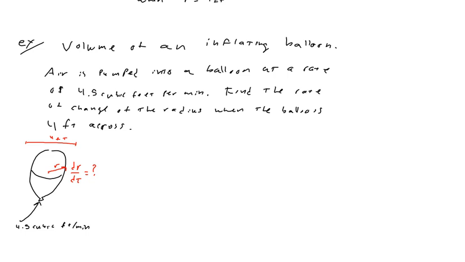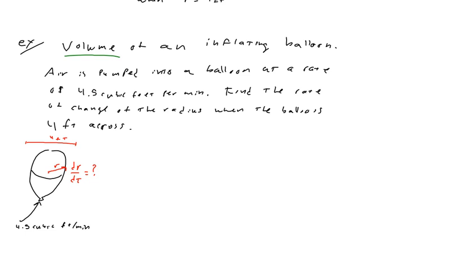So let's break down some of the pieces of information we know. We're looking at volume, right? And we have a balloon, which is basically like a ball. Balloon volume, that's a ball.